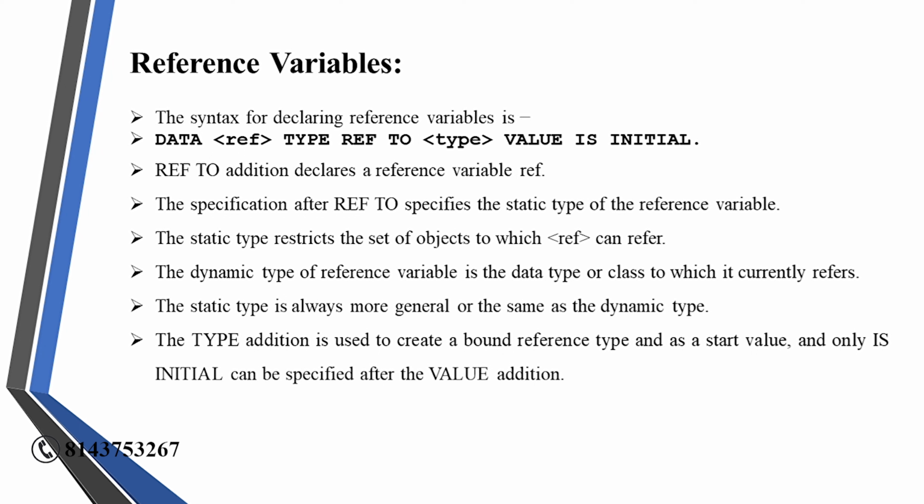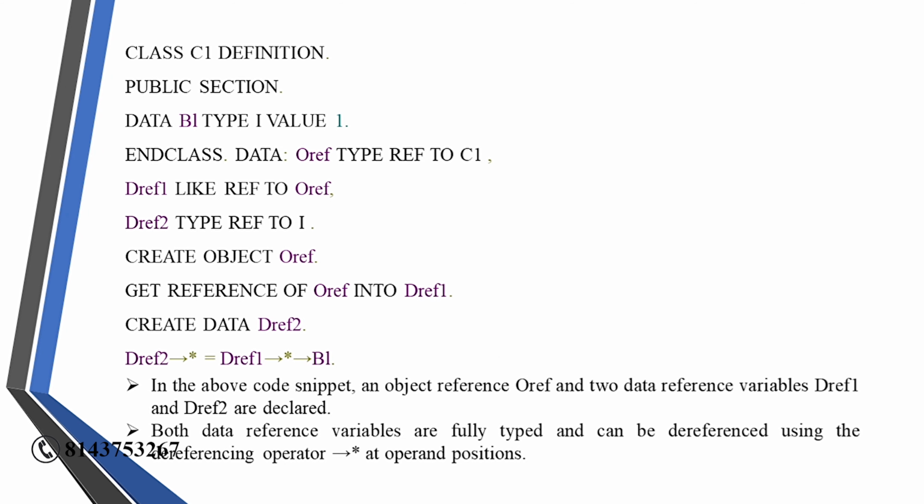It is majorly used in the declaration of an object for a class type of variable. So in SAP ABAP also we have classes. So it is used to define an object of a class type of variable.